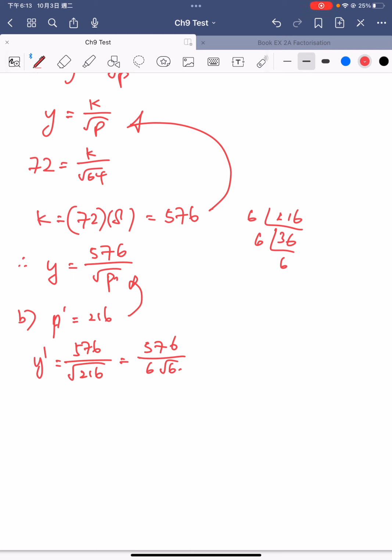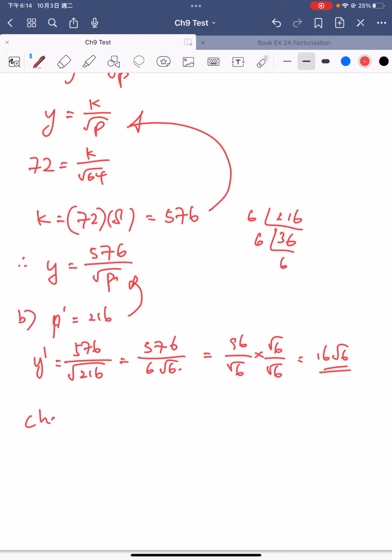After that, what you can do is to use the calculator to find out the value of this. This is going to be equal to 96 divided by square root 6. And if you want to rationalize it, then this is equal to 16 square root 6. So that's the new value of y.